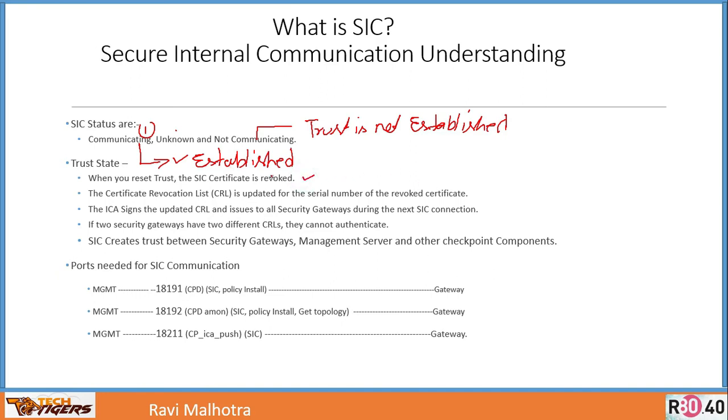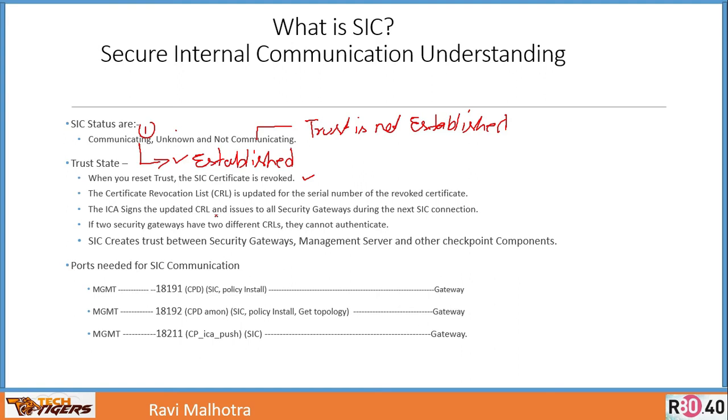Once the certificate is revoked, this is updated in the CRL list with the serial number of the revoked certificate, and the same information is updated to all security gateways during the next SIC initiation process. And if two security gateways have two different CRLs, they cannot authenticate.